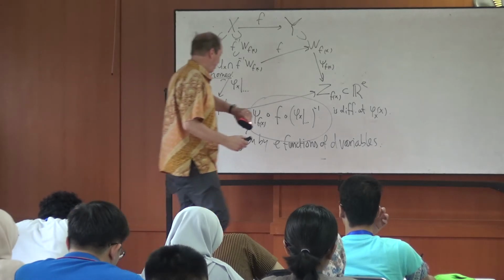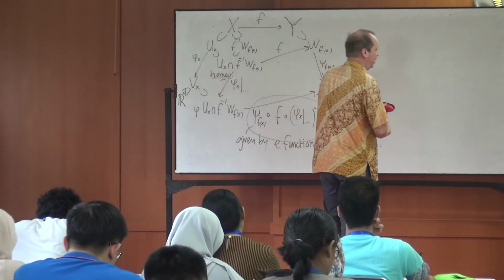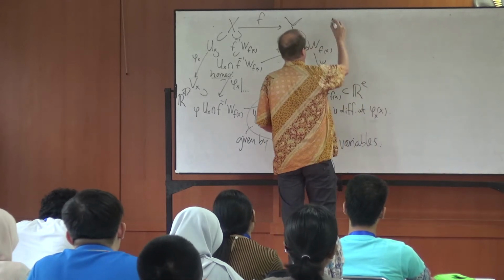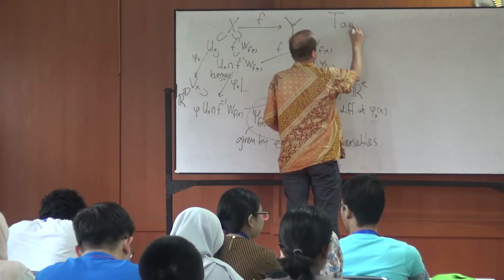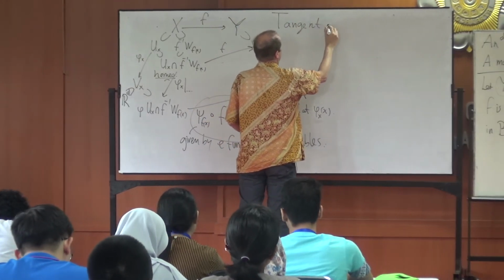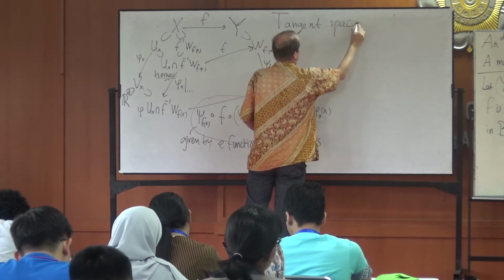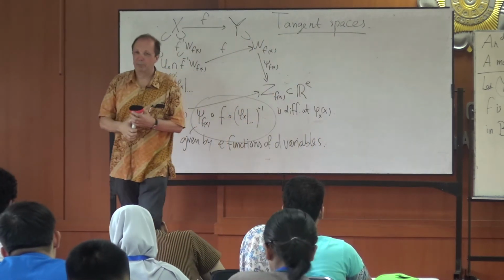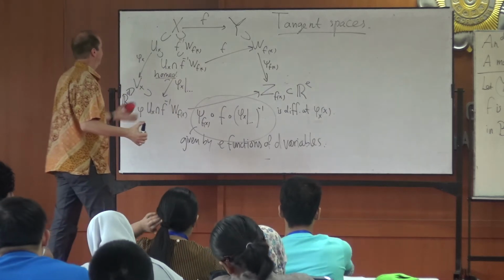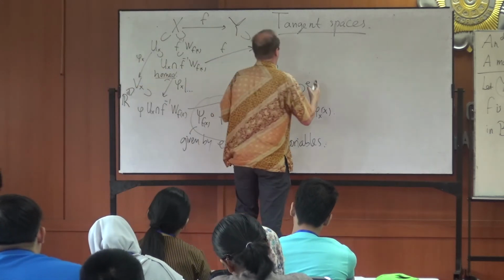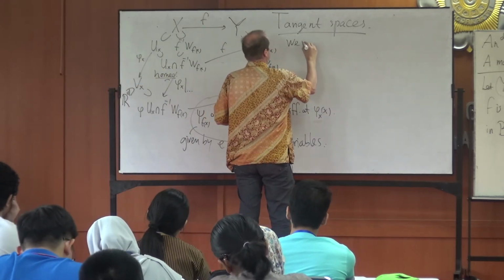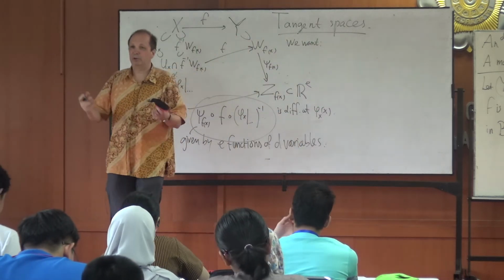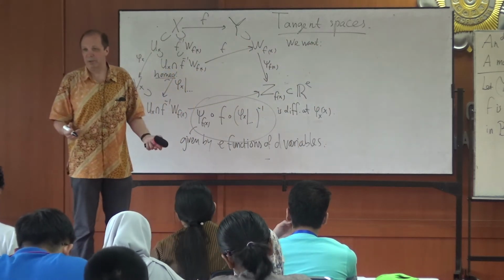Okay, then I see that I am behind schedule because the next thing is tangent maps, right? Or actually, before you have tangent maps, you have to have tangent spaces. So what we want is a tangent space at every point of the manifold X, we want a vector space that is the tangent space.